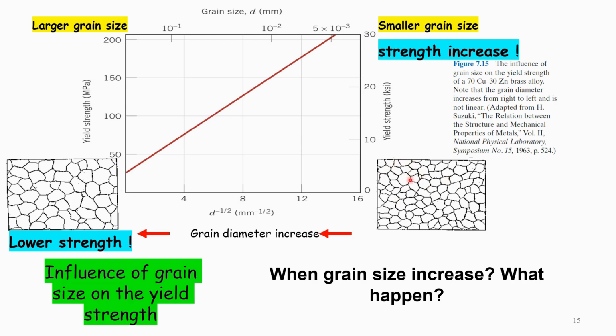And when the grain diameter increases, we can see that there is a decrease in terms of yield strength. So we can say that when grain size increases, what will happen? The yield strength of that particular alloy will also decrease with the increase in the grain size.